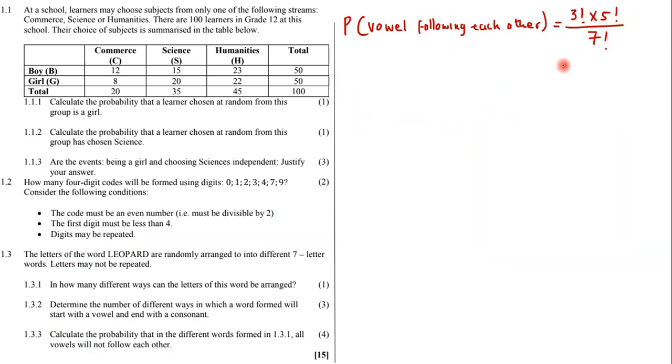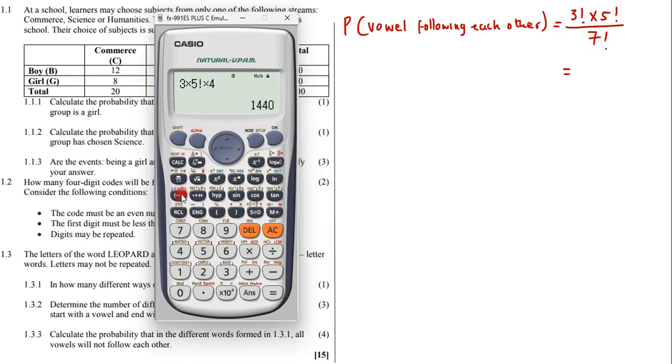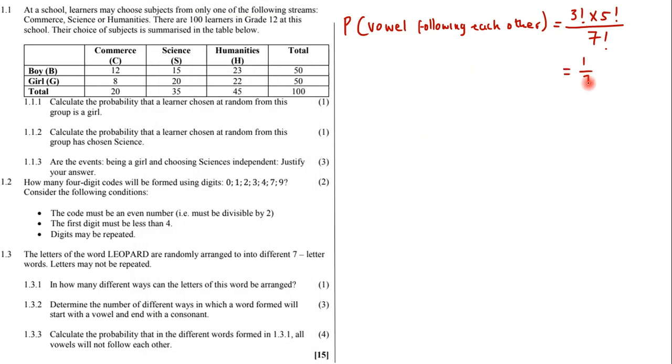So with this we get 3 factorial multiplied by 5 factorial over 7 factorial, and that gives us 1 over 7.